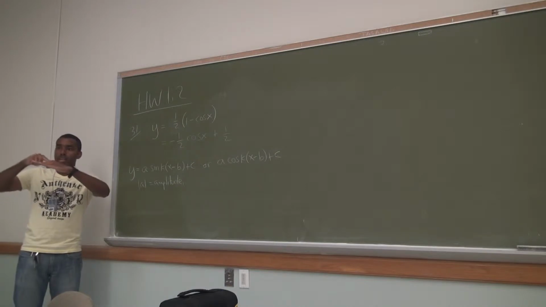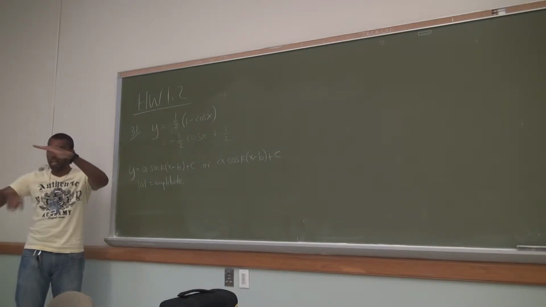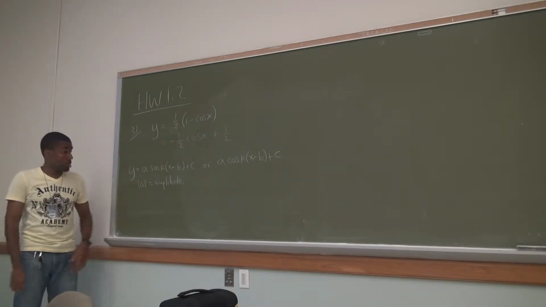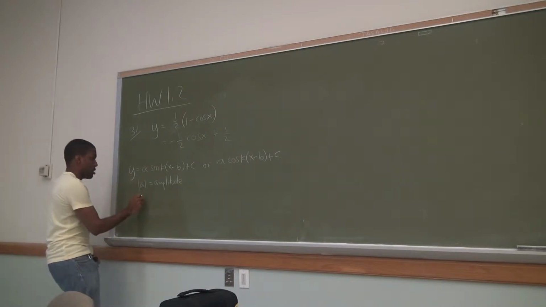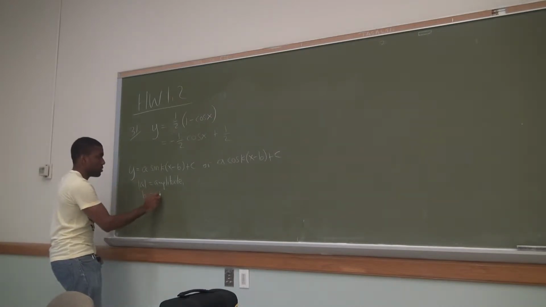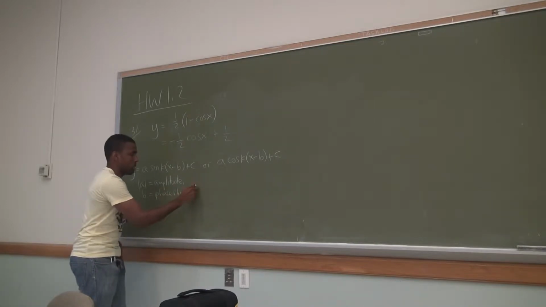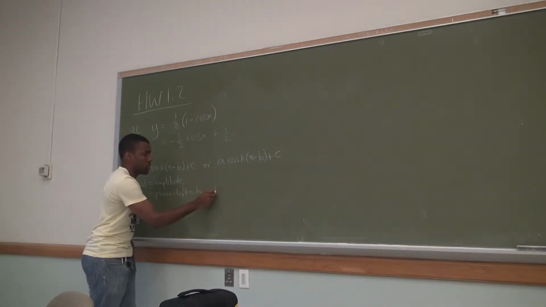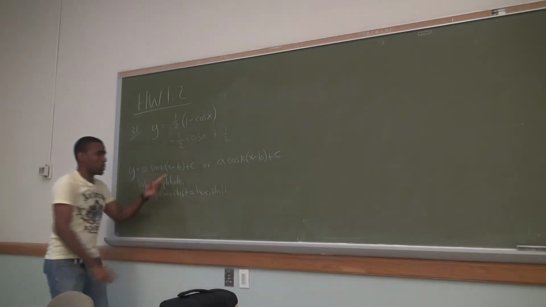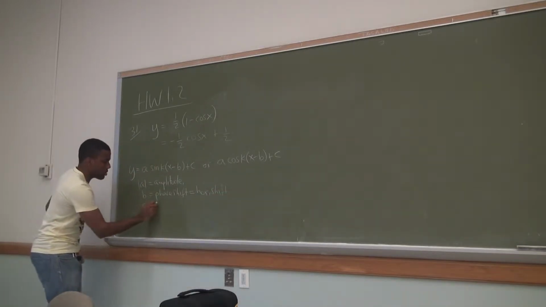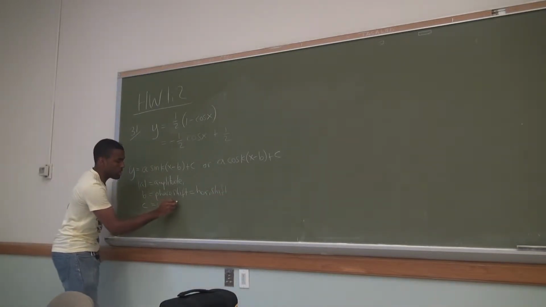There's a baseline, and how much it goes up above that and below that is the amplitude. B is called the phase shift, which is just a fancy name for a horizontal shift. It tells you what number you shift to. C is the vertical shift, how you shift up and down.